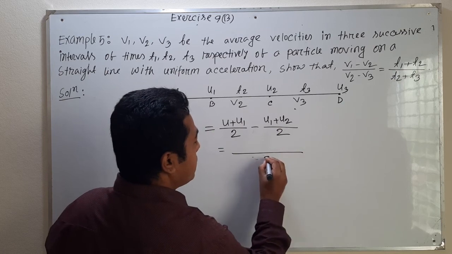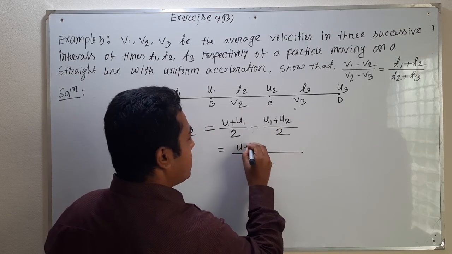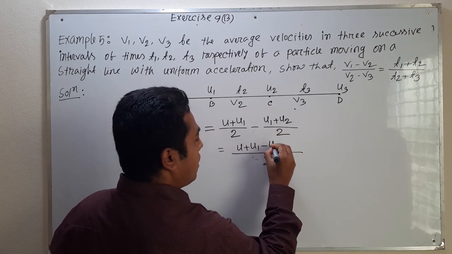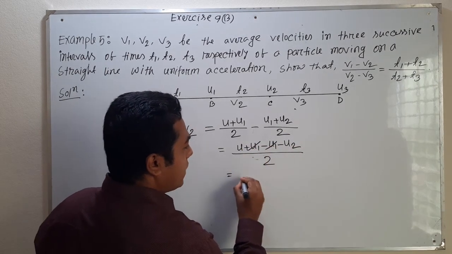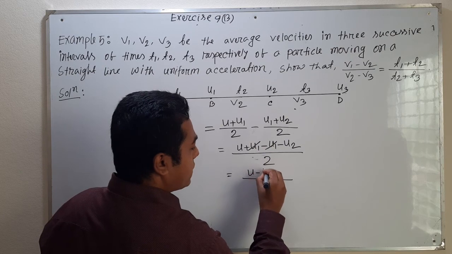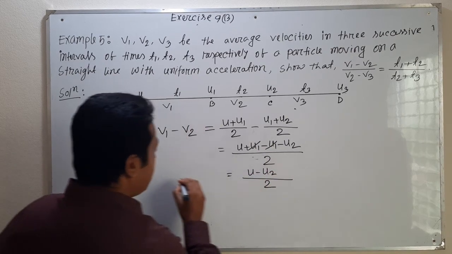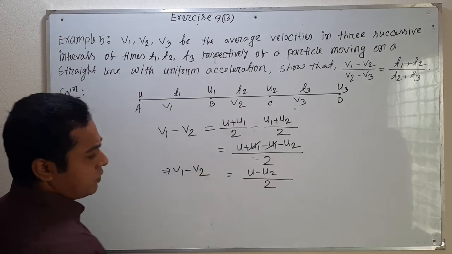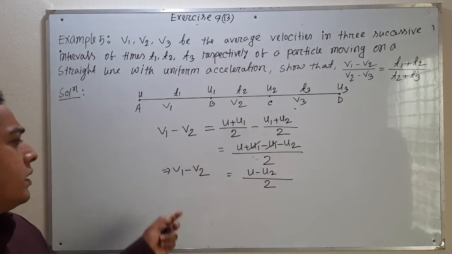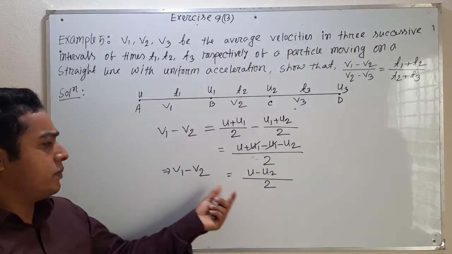So u plus u1 minus u1 minus u2. After this we get u minus u2 divided by 2. This is our V1 minus V2.